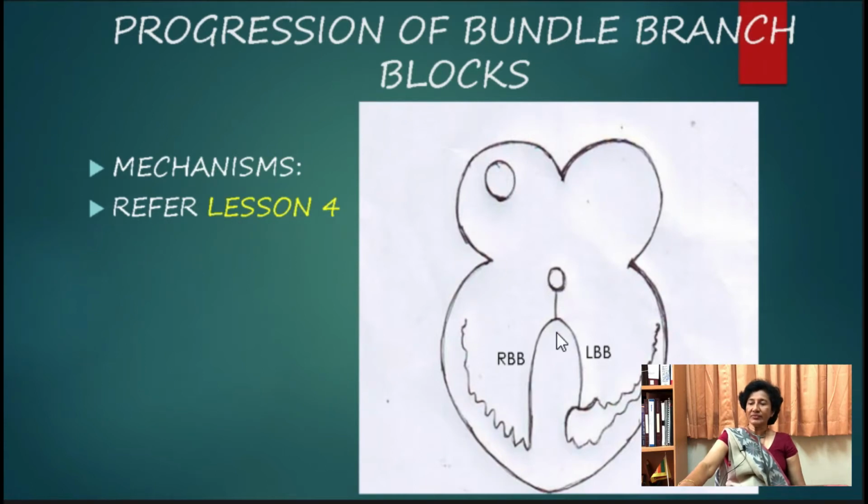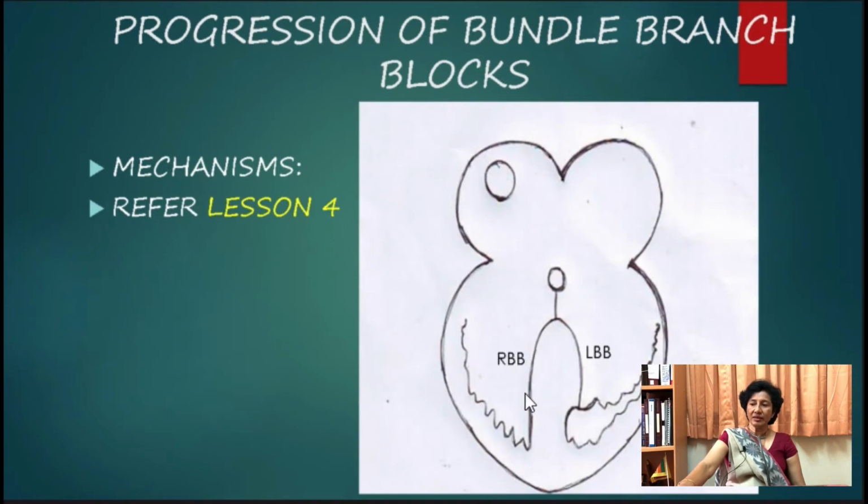In the presence of right bundle branch block, when the disease process progresses, it can affect one of the fascicles of the left bundle. As you know, the left bundle has an anterior fascicle and a posterior fascicle.